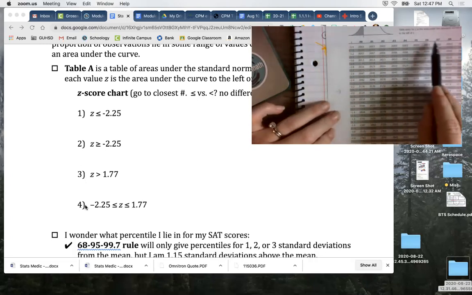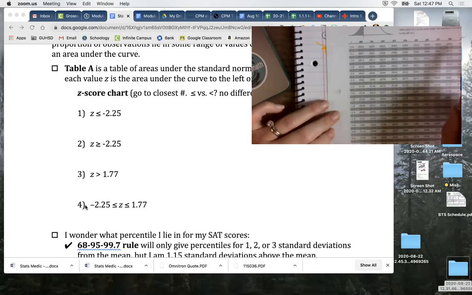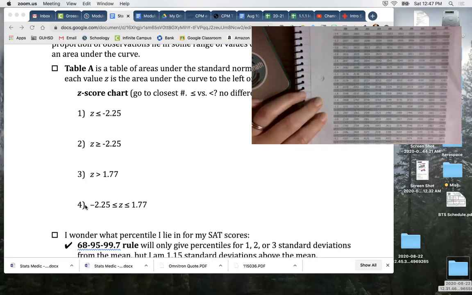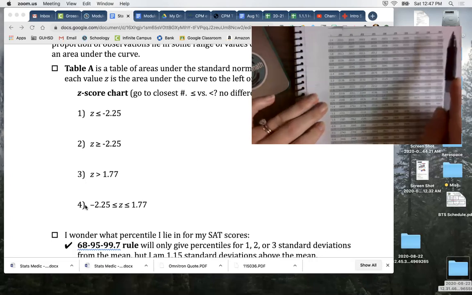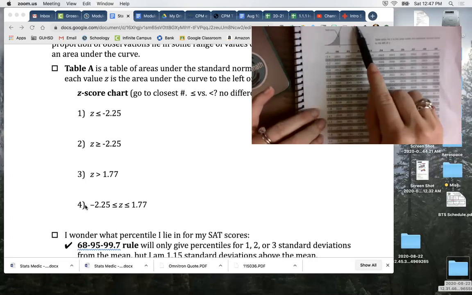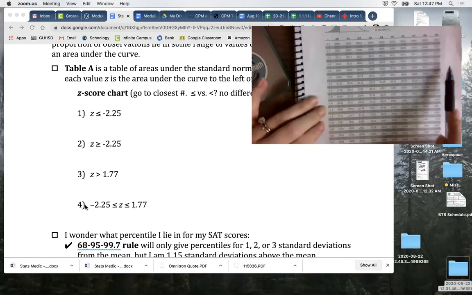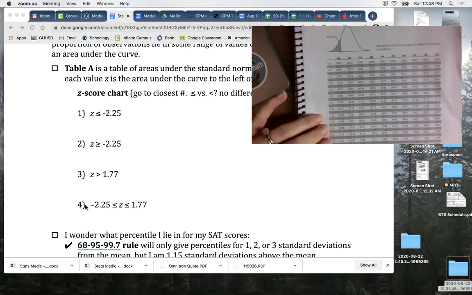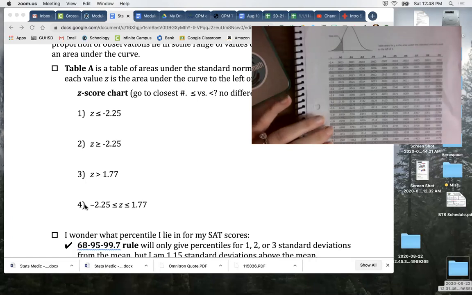Everything in here is area under the curve, which, since it all adds up to 1, means these areas also end up being percentiles, like what percentile you're in. Because when you add up to 1, that would equal 100%, or the 100th percentile.